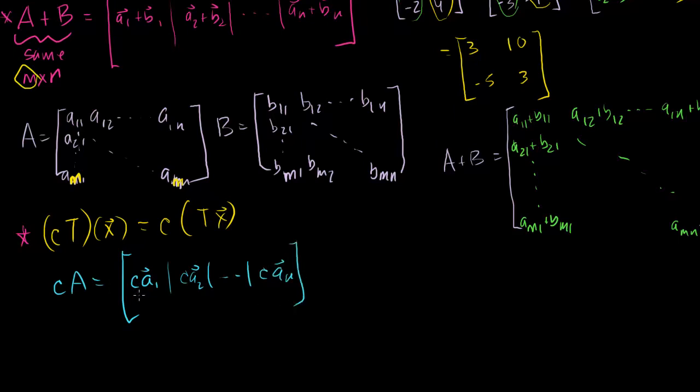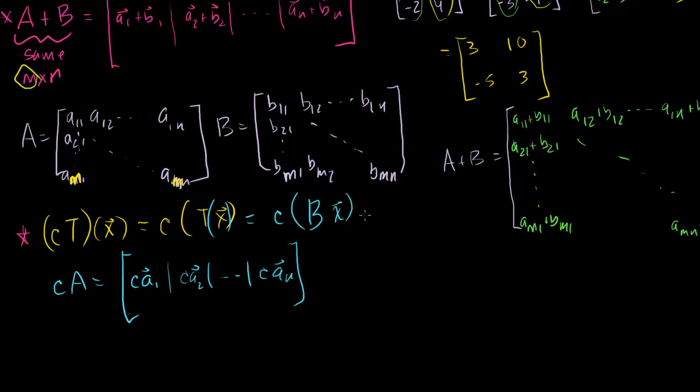And the whole motivation for this was that the transformation T of x was equal to c times the matrix B times the vector x. That's what the transformation of x could be written as.